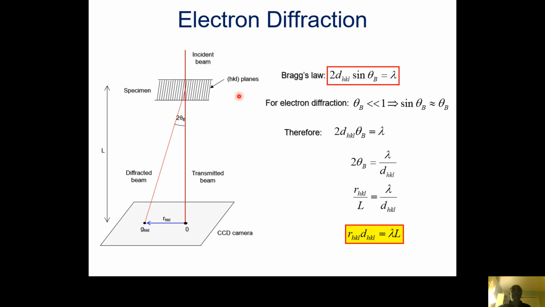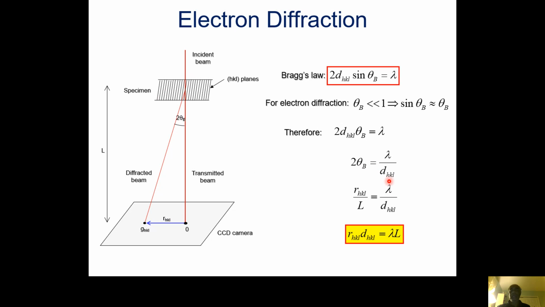Again, electrons also satisfy the Bragg law, right? 2d sine theta equals n lambda, with first order n is 1. If you consider theta is very small, then sine theta is theta, so I can write 2 d theta equals lambda, so 2 theta is lambda over d HKL. But we also know 2 theta is R HKL divided by this length L, from the sample to the screen.